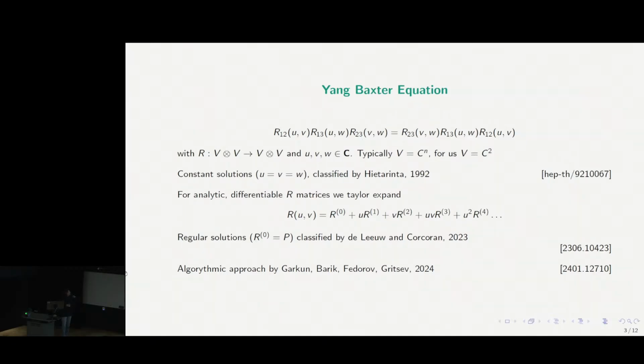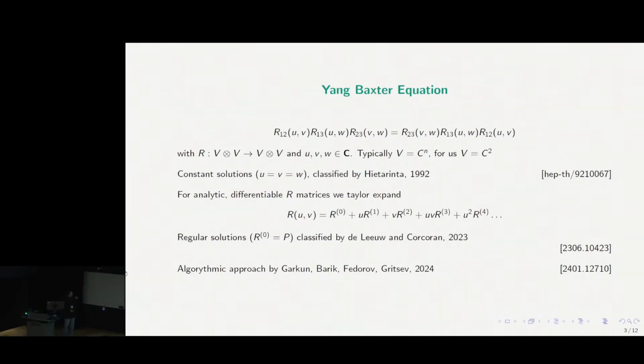What if this is one of these other constant solutions? We were inspired because about a year ago, there was an algorithmic approach by this group where they solved the Yang-Baxter equation with some algorithm, and they found some non-regular difference form solutions. So we said, let's go, let's find them all.